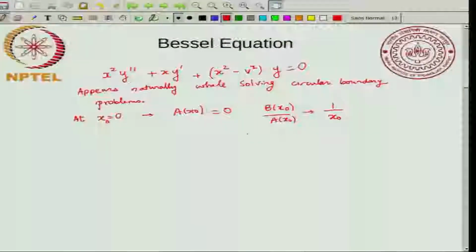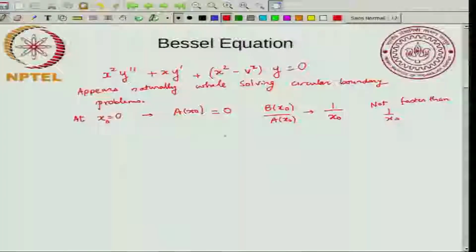Okay. So, this is not faster than 1 over x 0. Okay. So that means it is 1 over x 0 to a power that is not greater than 1.